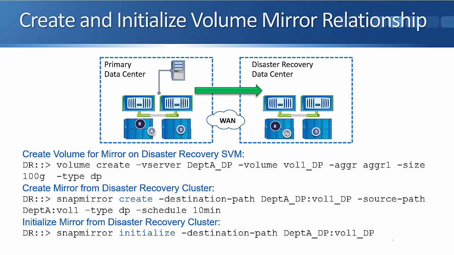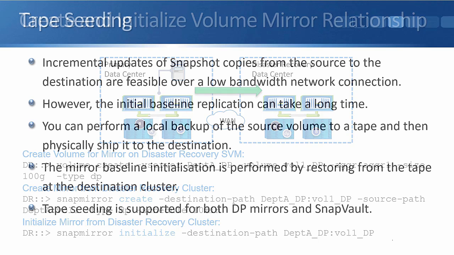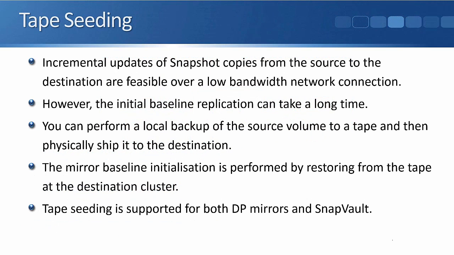And that initial baseline transfer is going to be done over the network. Now, incremental updates of snapshot copies from the source to the destination are feasible over a low bandwidth network connection. However, if we try to do that initial baseline replication, if we've got a lot of data in the source volume and we're trying to send that over a low bandwidth connection, that could take a long time.